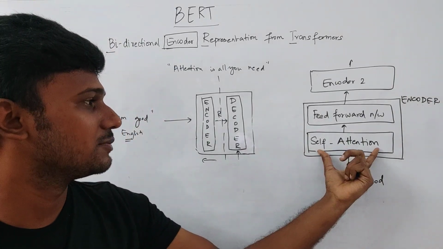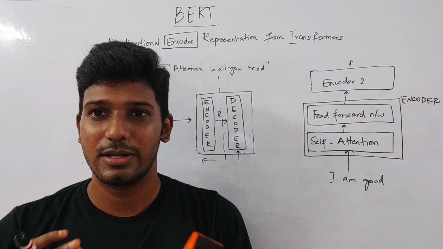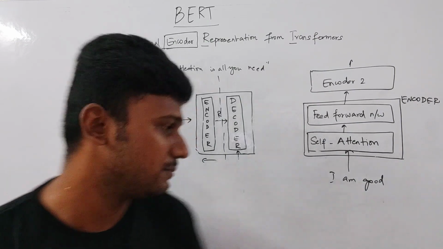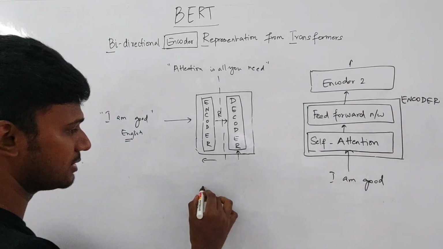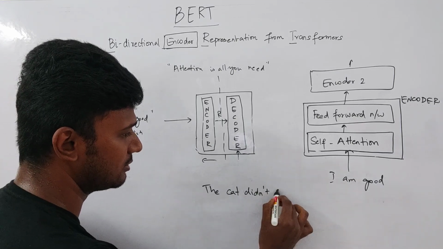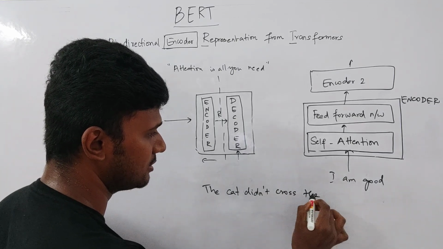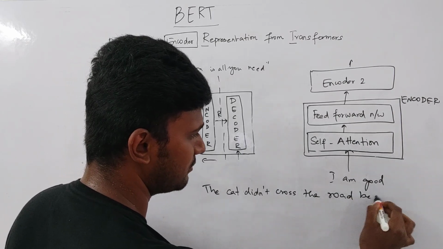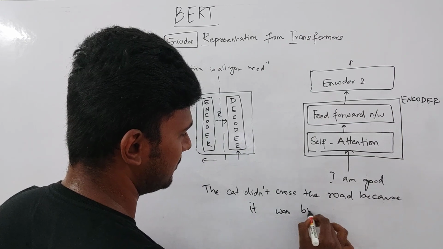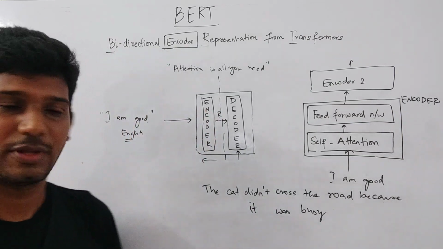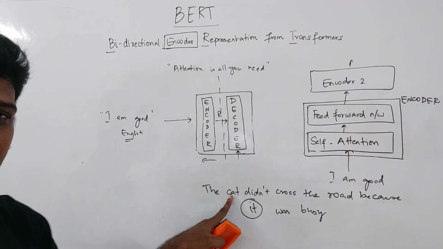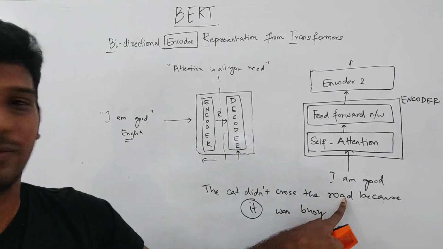Now, what does the self-attention do? This self-attention mechanism is how every word in a sentence is related to every other word in the sentence. For example, take the sentence: the cat didn't cross the road because it was busy, right? So in this example, what does the word it refer to? Does it refer to the cat or does it refer to the road?